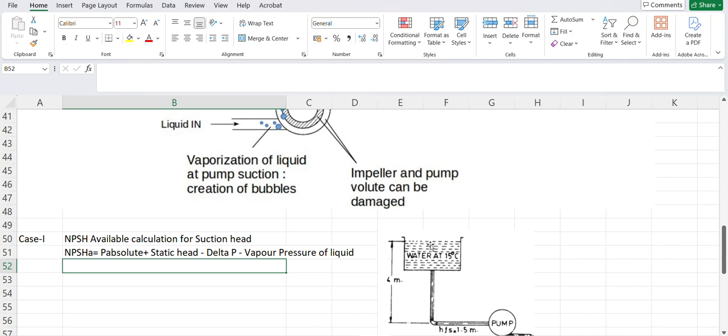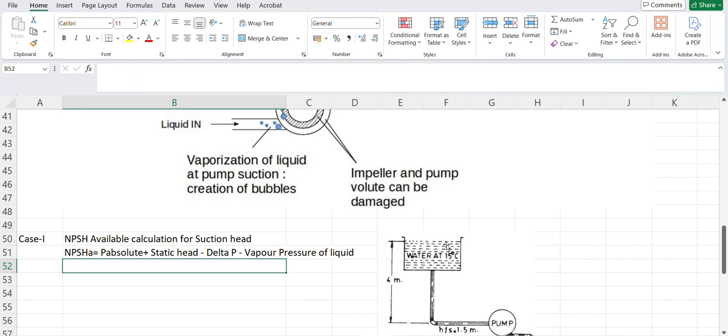Okay, so in this case, using the above stated simple formula, we try to calculate the NPSH available.